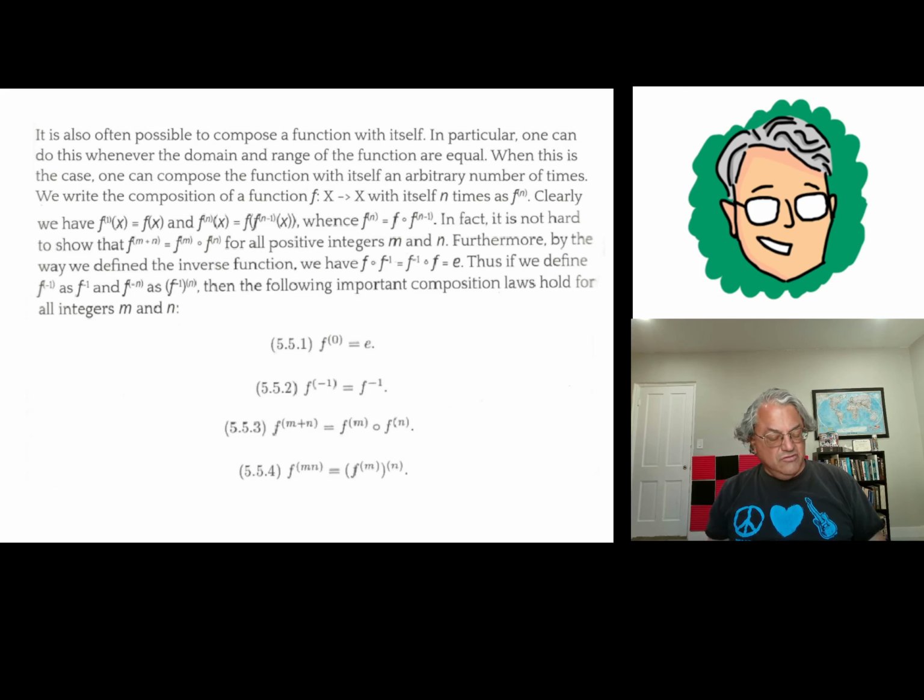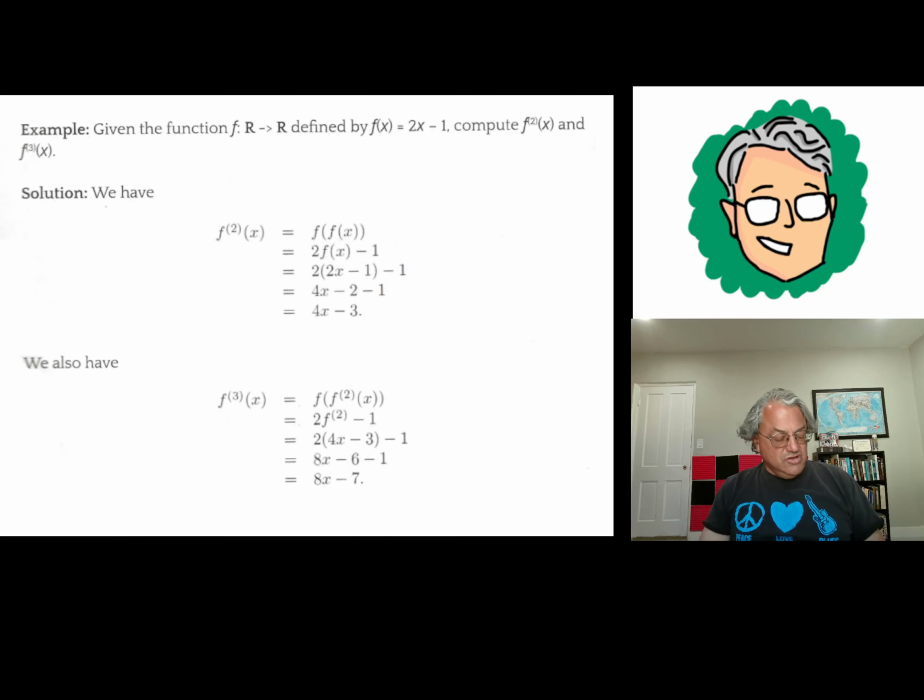But if you don't like that, you can just memorize these rules, which aren't hard to memorize. The last rule says that if you compose a function m times, n times, that's the same as starting with a function composed m times and now composing that new function n times. And here's a couple examples on the next slide.